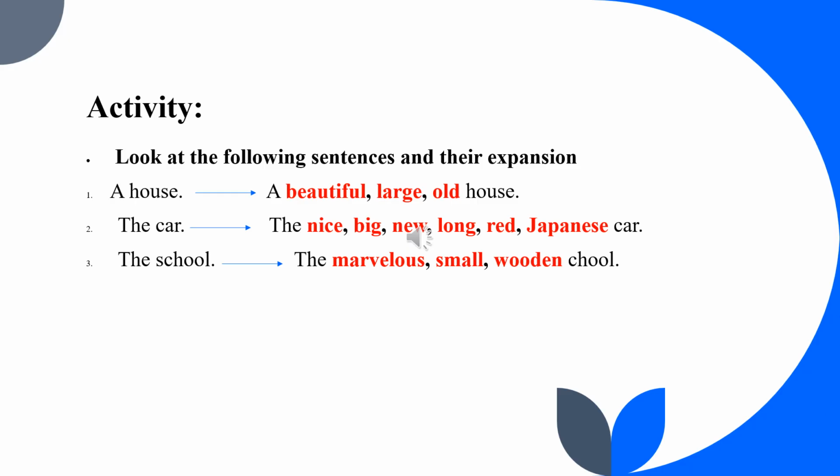To fix the idea of this arrangement, let's do this activity together. So here you have sentences with their expansion, and of course the expansion is made due to the certain arrangement that we have learned. Look at the first sentence, a house.